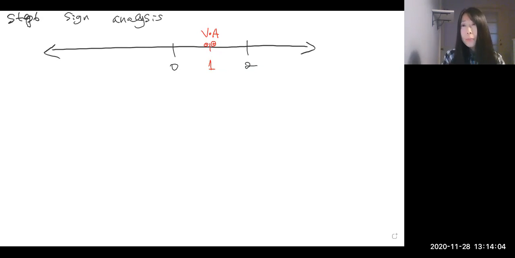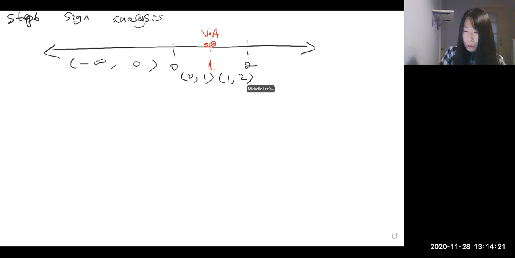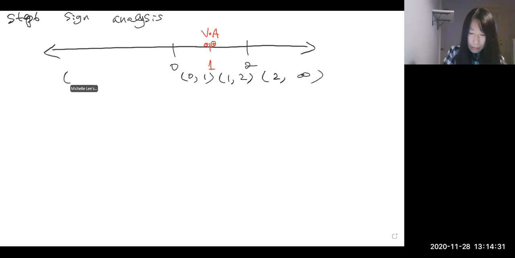What do you want to pick between negative infinity and 0? What do you want to pick between 0 and 1? 1 and 2? And 2 to infinity? You can pick any number in there. Let us do sign analysis.